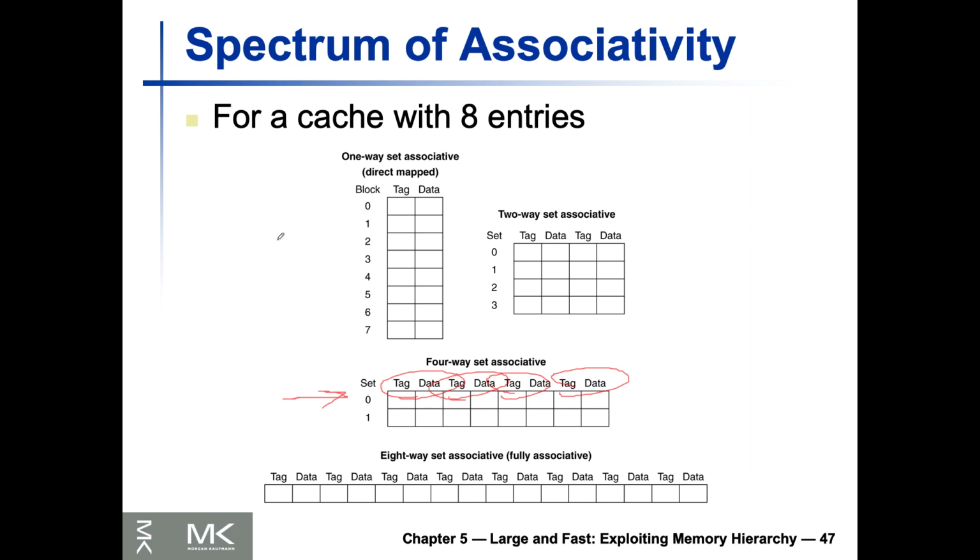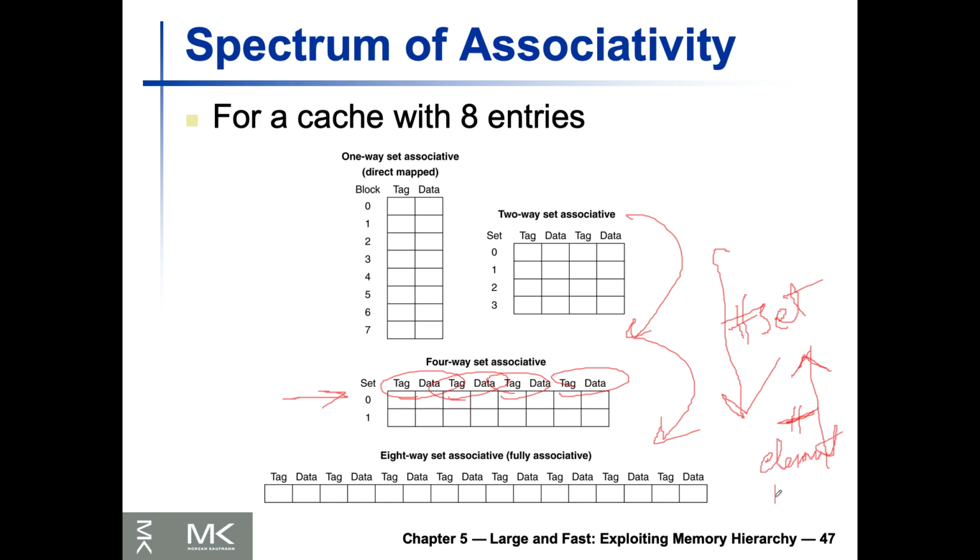So you increase the associativity from here to here and from here to here, and the number of sets is going to decrease. At the same time, you are increasing the number of elements per set. Okay.